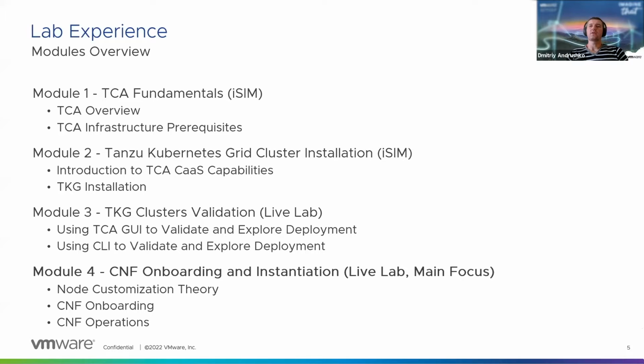In module 2, we go through the CaaS capabilities, and you will deploy a sample Kubernetes cluster and see how easily you can do it using TCA. Module 3 is cluster validation. Once you deploy a Kubernetes cluster, TCA provides a set of tools to validate the status of your cluster and perform a set of LCM operations on this cluster.